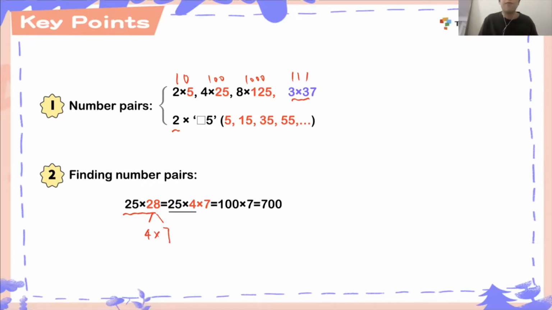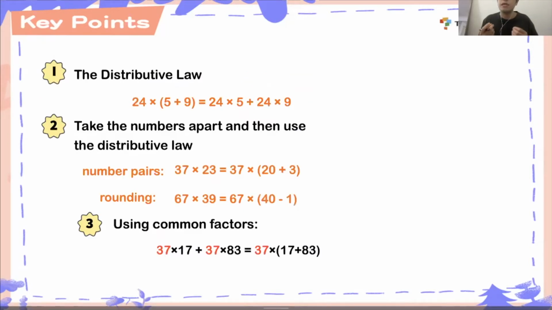And after this, we learn the distributive law. And I think you do well when we have a multiplication in distributive law with addition in brackets. But when you meet a multiplication with distributive law with subtraction in brackets, you always make some mistakes.